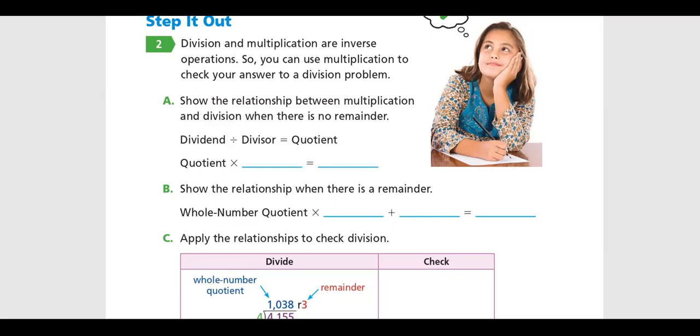As we know, quotient times divisor is equal to dividend. If I have a remainder, it's the same: quotient times divisor, plus remainder, equals dividend.